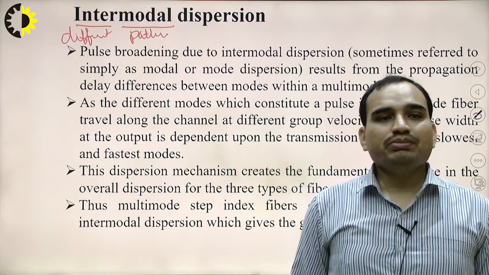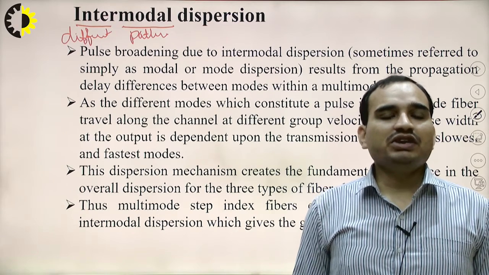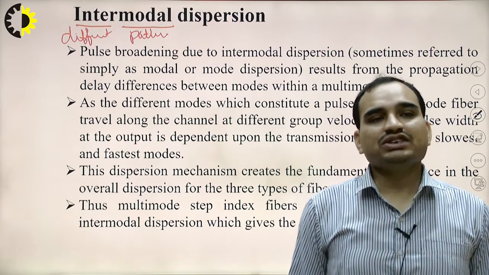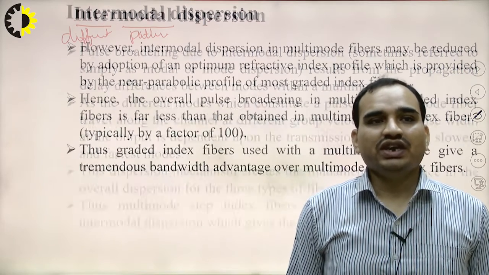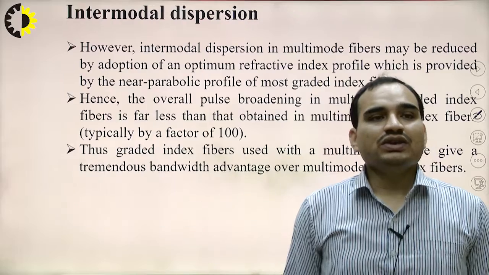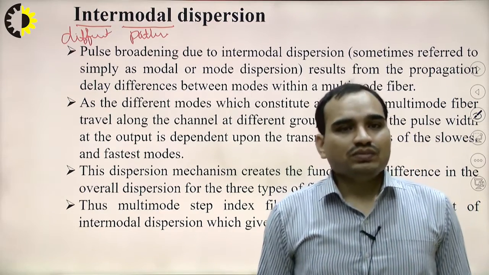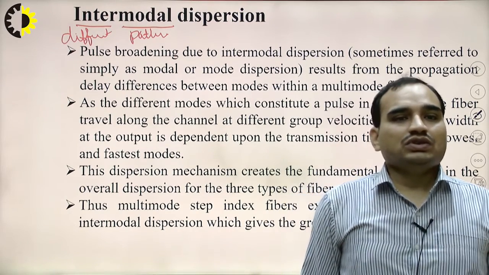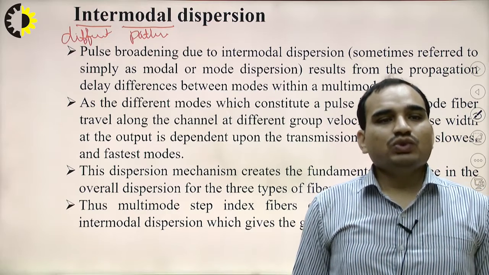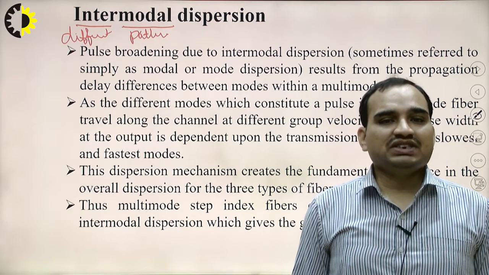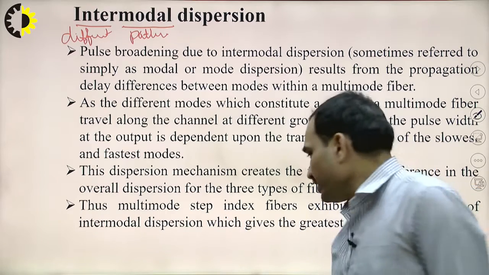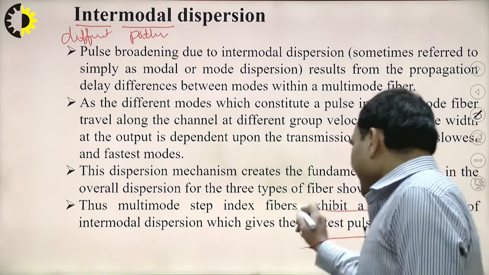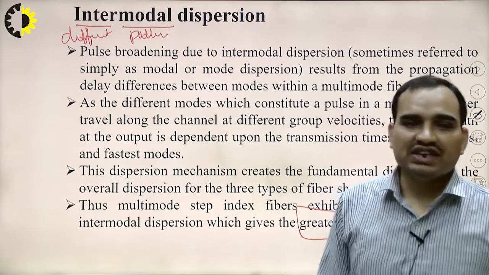The dispersion mechanism creates the fundamental difference in the overall dispersion for the three types of fiber shown in the figure, as we can see in this figure. So the multi-mode step index fiber exhibits a large amount of intermodal dispersion, which gives the greatest pulse broadening, as we have discussed in our previous lecture.